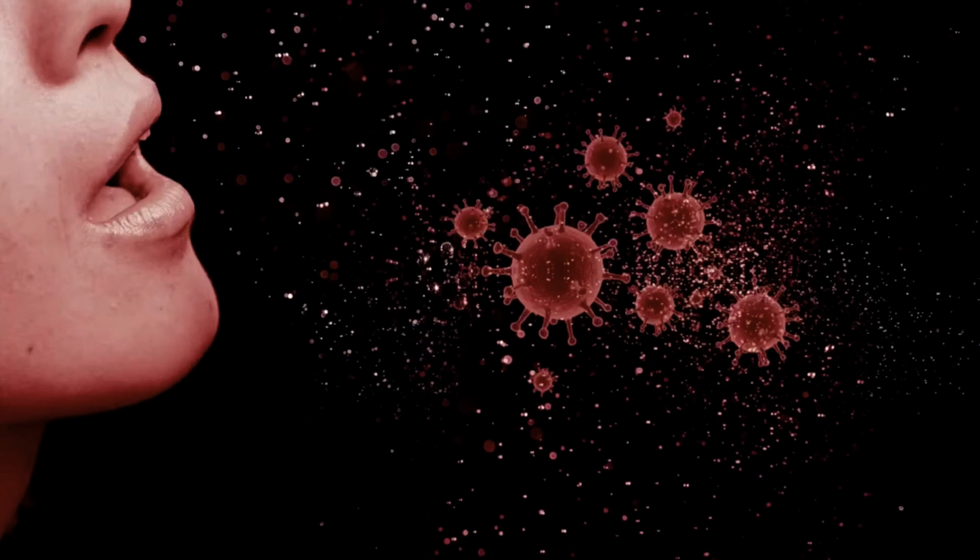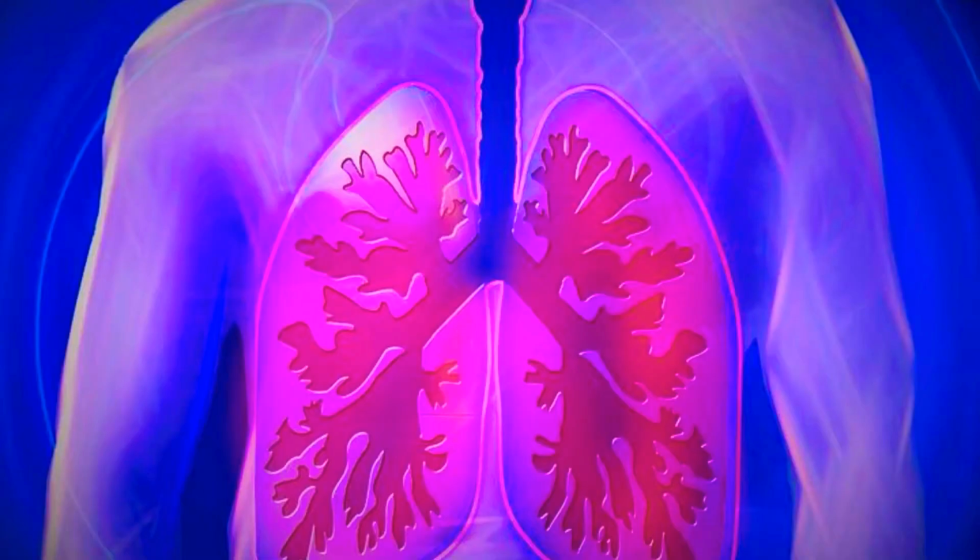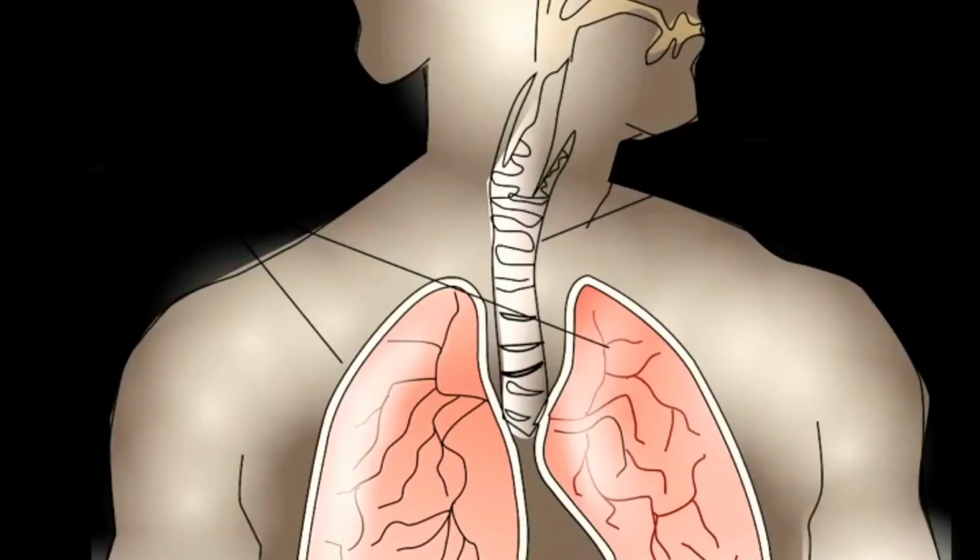These droplets can land on the mouths or noses of people who are nearby and possibly be inhaled into the lungs. Once inside the body, it begins to infect cells lining the lung. This first takes place in the upper respiratory tract, which includes the nose, mouth, larynx, and bronchi.